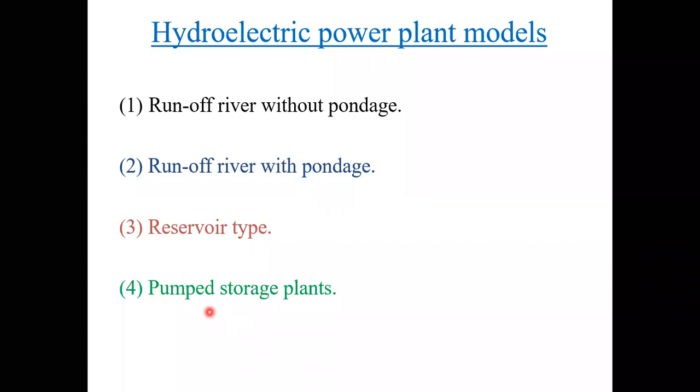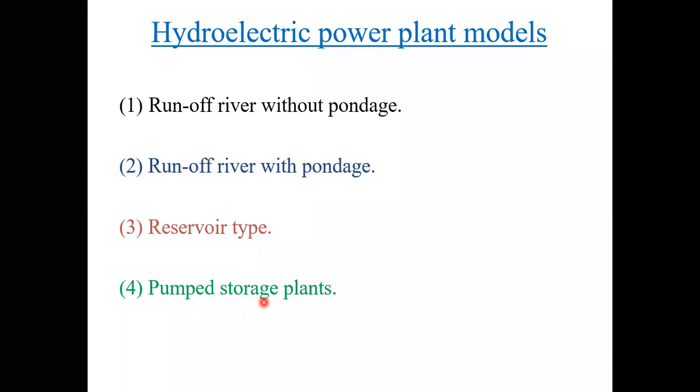And coming to the pumped storage plant, the difference between the reservoir type and the pumped storage plant is that in this one, we have a small reservoir along with the main reservoir. During off-peak hours, or we can say light loads, the prime mover acts as a pump, and similarly the synchronous generator acts as a synchronous motor.